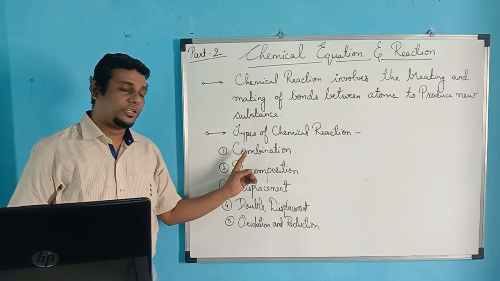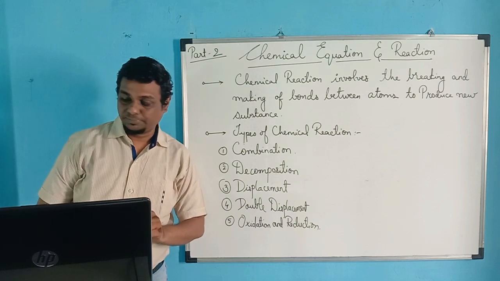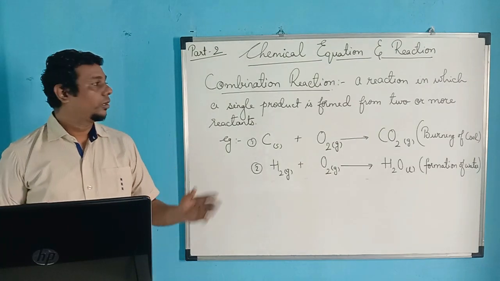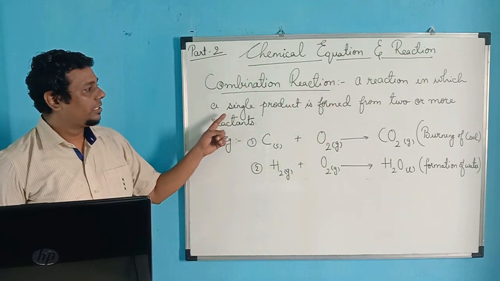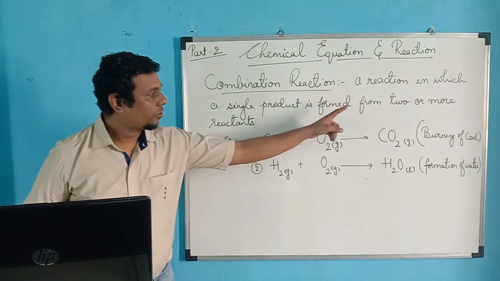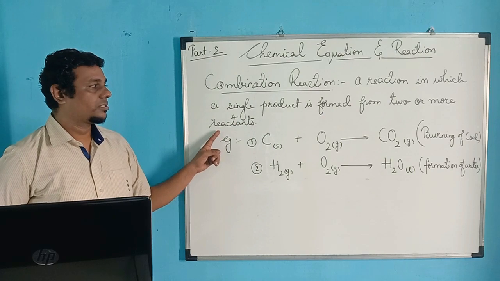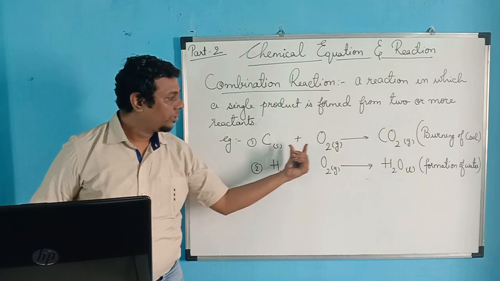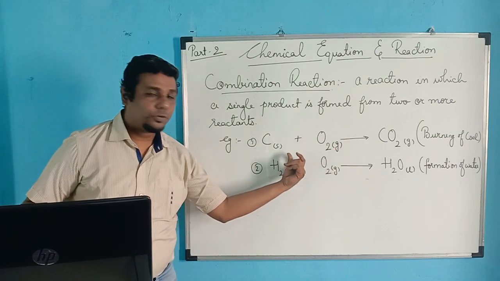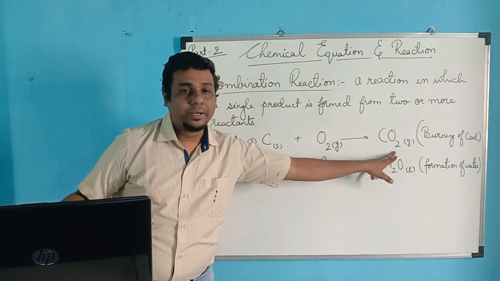So, let's continue with combination reaction. A combination reaction is a reaction in which a single product is formed from two or more reactants. In the example, carbon and oxygen combine together to give carbon dioxide.